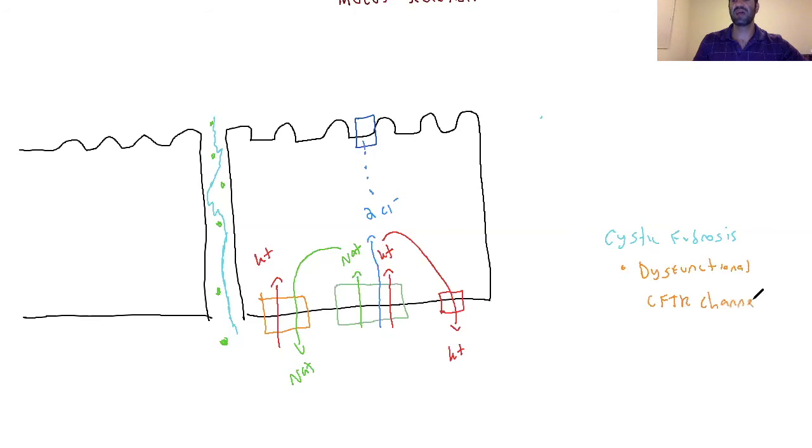So what's actually going to happen is that there's going to be an inherited mutation. It is a recessive disorder where the CFTR channel is going to be mutated and not work properly. You are not going to have the movement of the chlorine into the apical membrane.